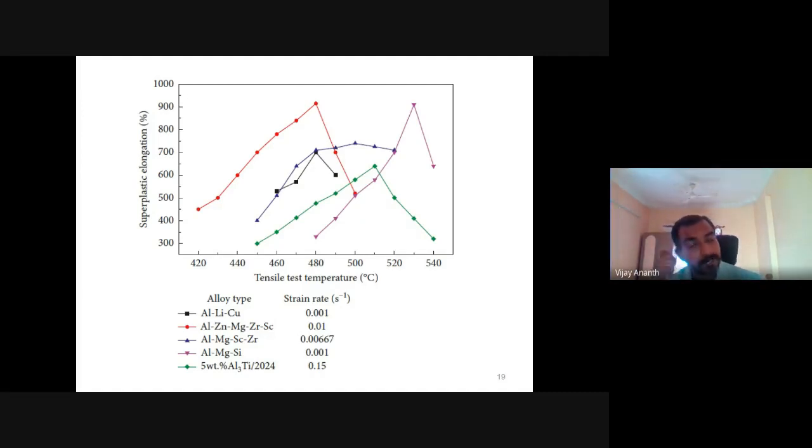It is at 530 degrees centigrade, where you have higher elongation, as well as magnesium, silica, zirconia. So each alloy has different temperature behavior for superplastic forming. That is what we have seen through this graph.